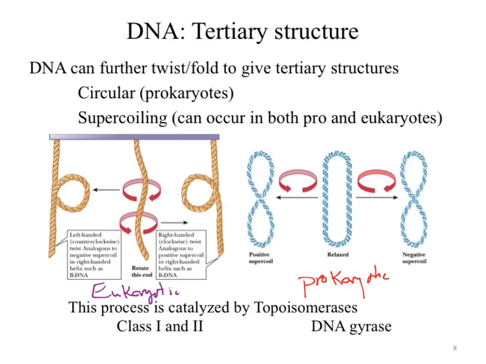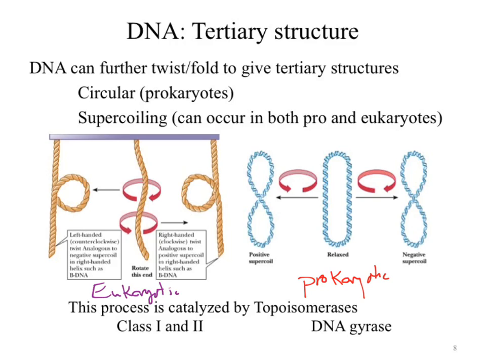So depending on what stage of life we're in, do we need some kind of transcription or translation or replication process? Then we need to unwind that DNA so that we can get at it. So you'll have enzymes that will go through and undo the supercoiling process so that we can get at the genetic information that we can then replicate or transcribe for later processes.